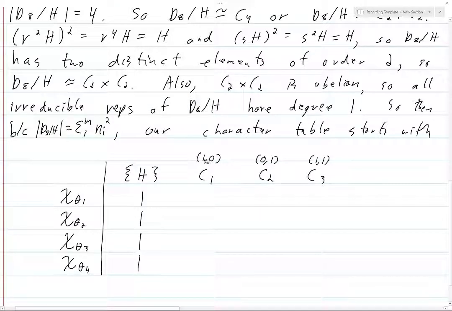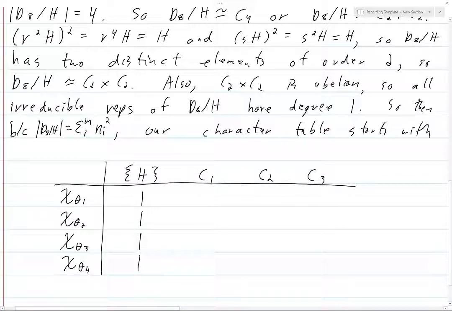But of course that's the case, because this is an abelian group, and in an abelian group, every single element is its own conjugacy class. So that's another reason why you should know that there are 4 conjugacy classes: it's precisely the order of the group. And that also corresponds with some of the Ni's. Yeah, so this stuff is all connected.